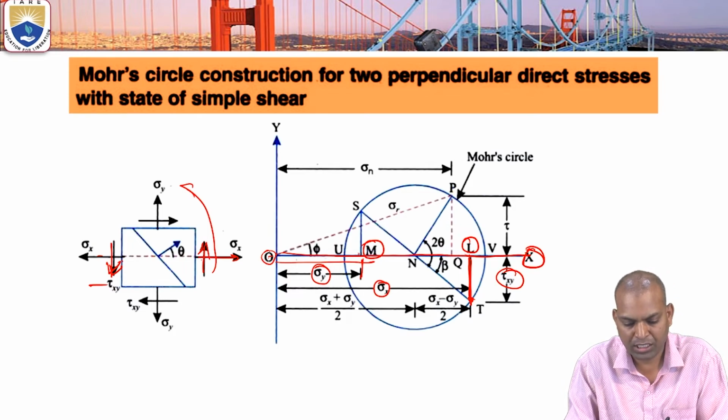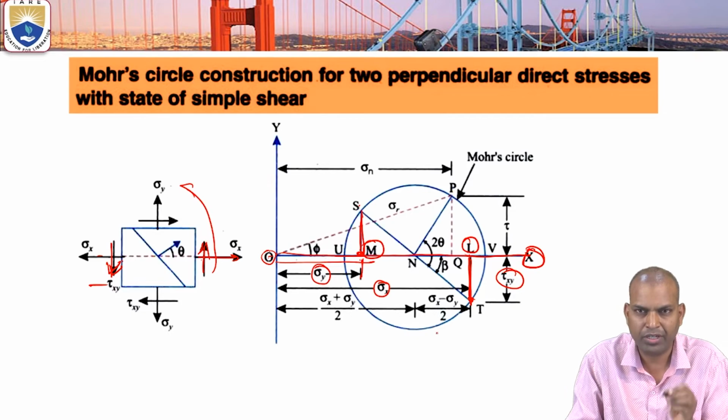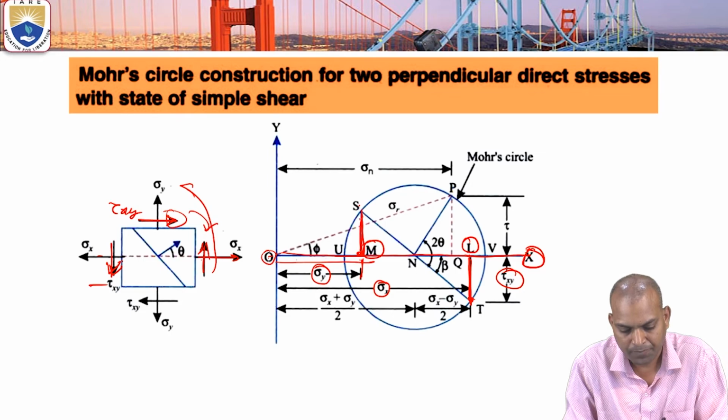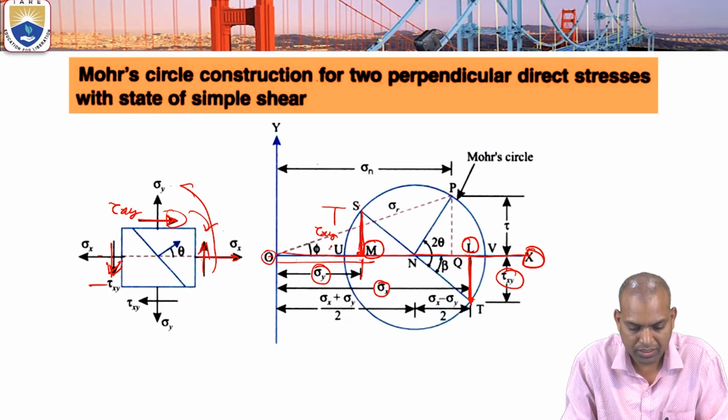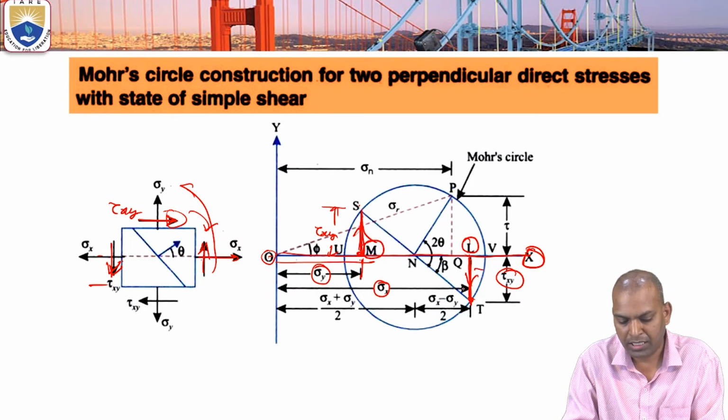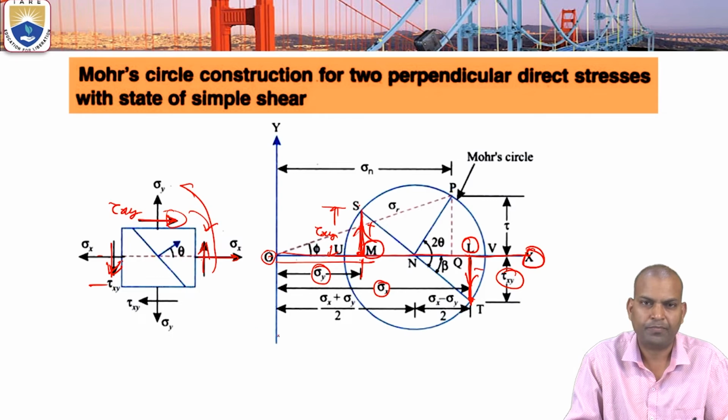And for sigma y, we have drawn MS. This also gives tau xy. Why have we drawn it upwards? Because on the sigma y side it is in the clockwise direction. Clockwise tau xy is positive. So here it is negative and here it is positive.